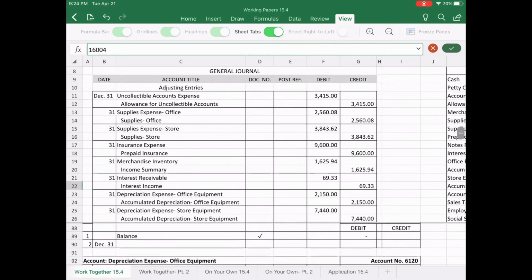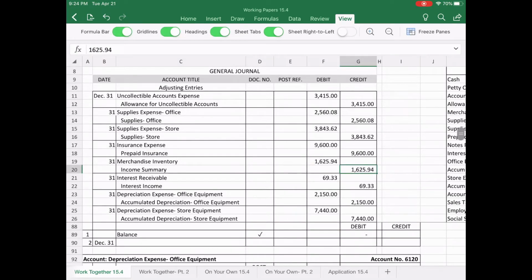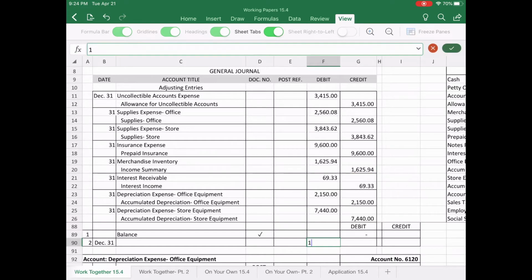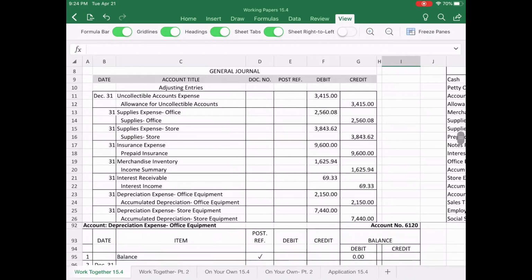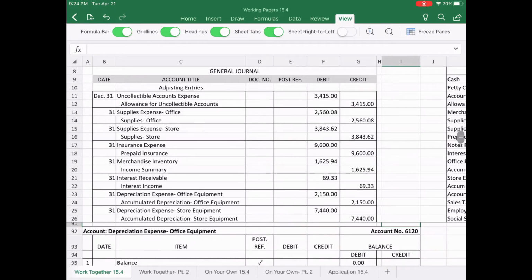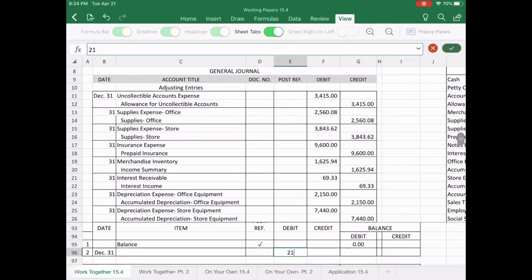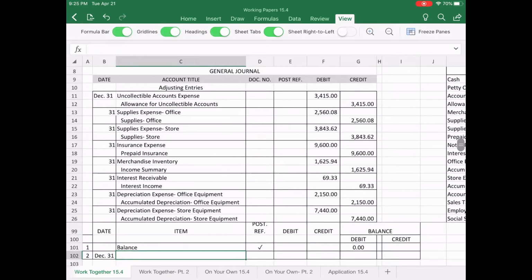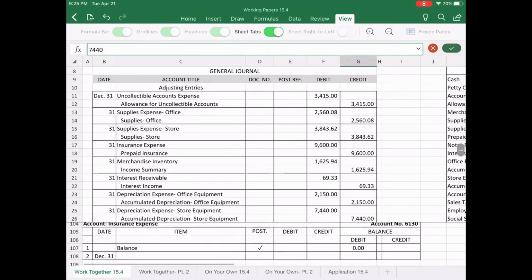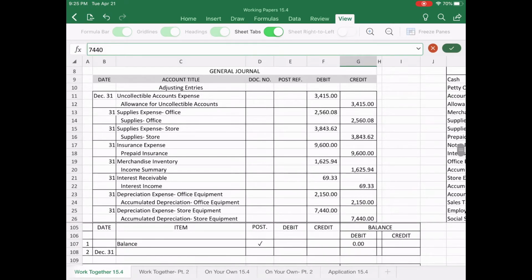Our income summary is the 1625 in the credit column. Depreciation expense office equipment, 2150. Store equipment, insurance expense, 9600.